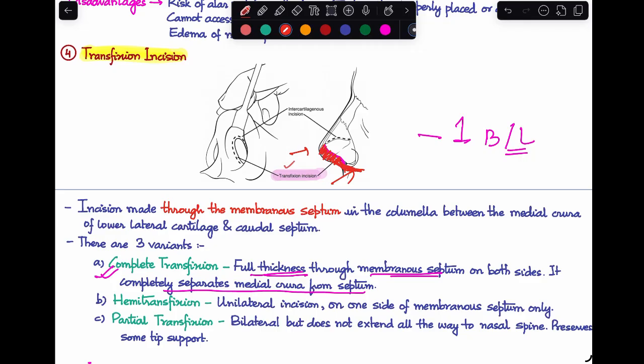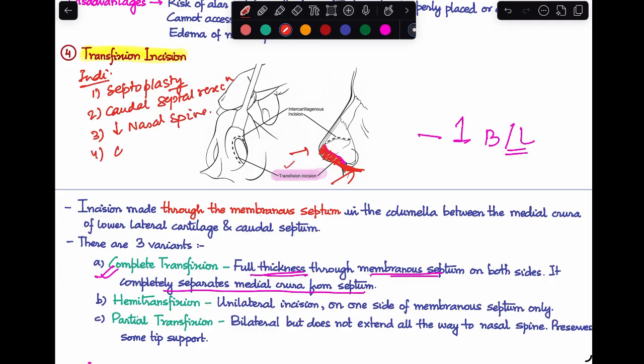Now, when do we use this transfixion incision? What are some indications? Some indications would be if you need to do a concurrent septoplasty along with the rhinoplasty. So in septorhinoplasty, we will prefer this transfixion incision. Second, if we need to do a caudal septal resection. Third, if we need to reduce the nasal spine.